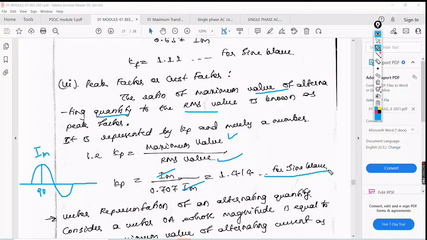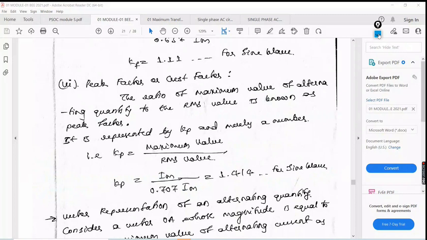The peak factor is the ratio of maximum value to that of RMS value. This definition is also repeated in the exam, so you should be able to define it properly. Is this clear? Form factor and peak factor, these two are important from the examination point of view.